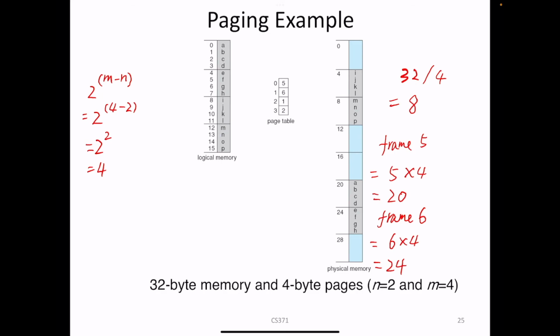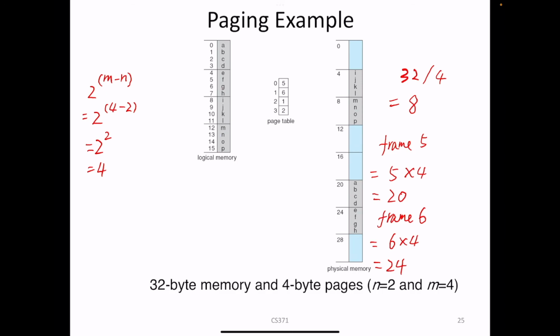Therefore, the total number of pages is 2 to the power of m minus n, which equals 2 to the power of 4 minus 2, which equals 2 to the power of 2, equals 4. So we have 4 pages in this logical memory space. The total number of frames can be calculated by 32 divided by 4, which equals 8. So we have 8 frames from number 0 to 7.